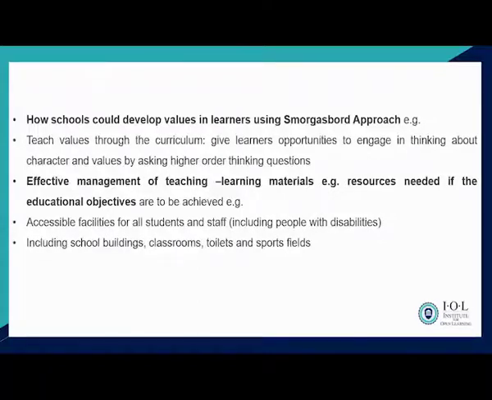Then we are looking at the effective management of teaching and learning materials and resources needed if the education objectives are to be achieved.